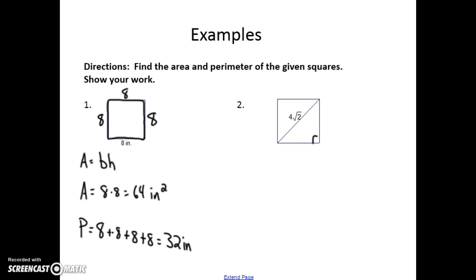For this square, we know we have a 45, 45, 90 triangle. And so if this is 4 square root of 2, then that means this side is 4, and all the sides are 4, because to get back to that side, I divide by the square root of 2.